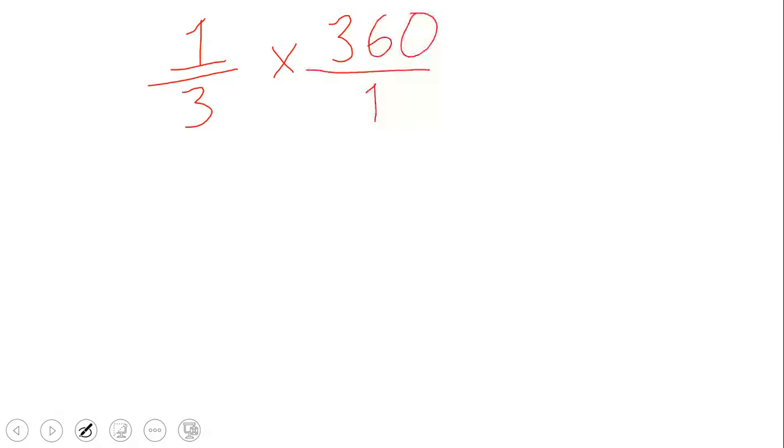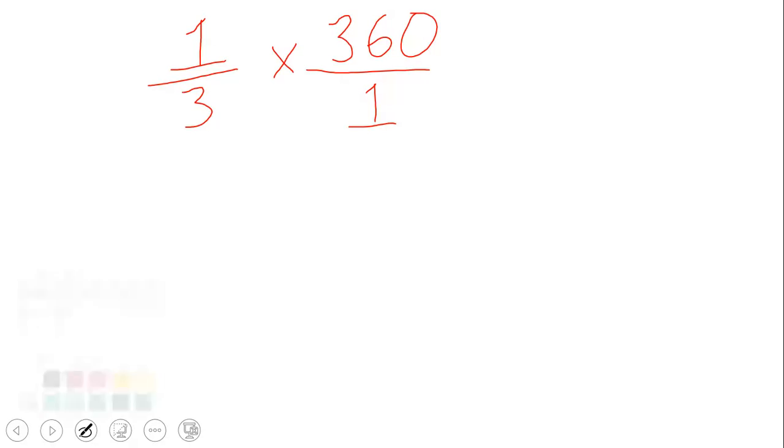The way we are going to answer this question is we're going to multiply 1/3 by 360 over 1. So we have 1 over 3 times 360 over 1. We are going to multiply these two fractions. Let us cancel.